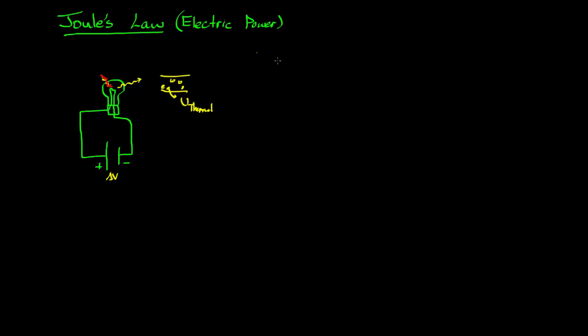And so basically, if you remember, power is the change in energy over time. So we can define it as the change in energy, or the work, over time. What we have here is a change in thermal energy, which would be our electric power if we measured it at the source, and that would be over time.